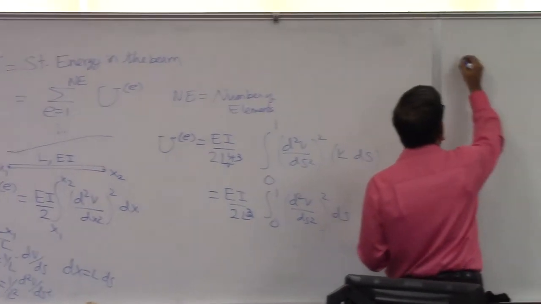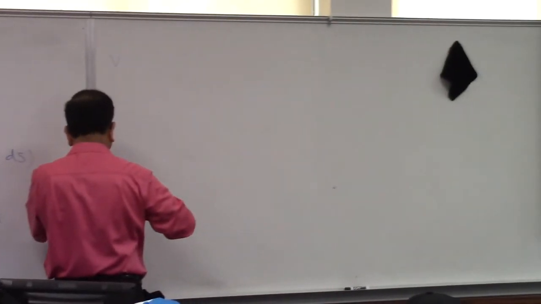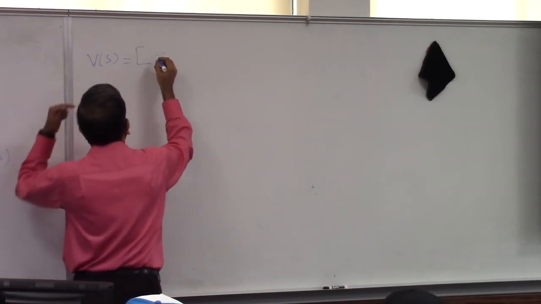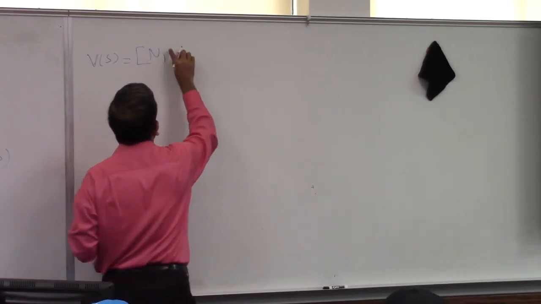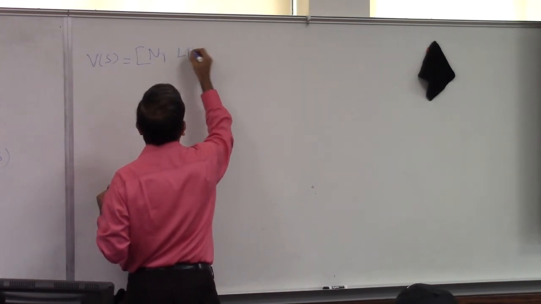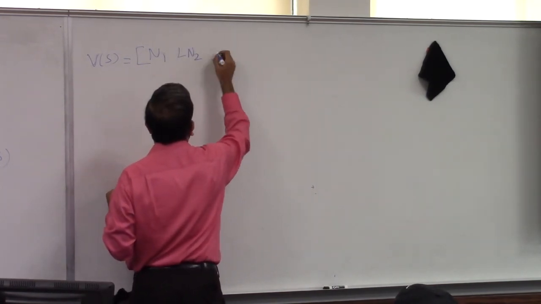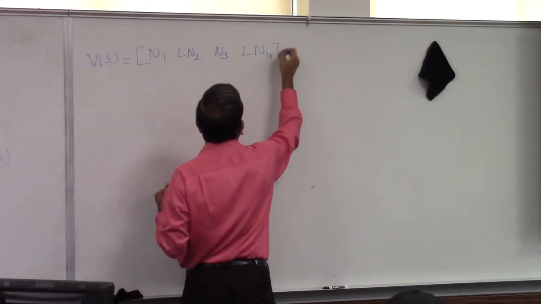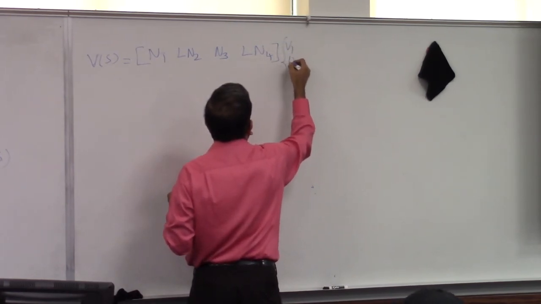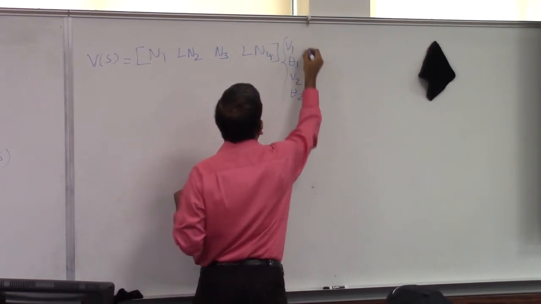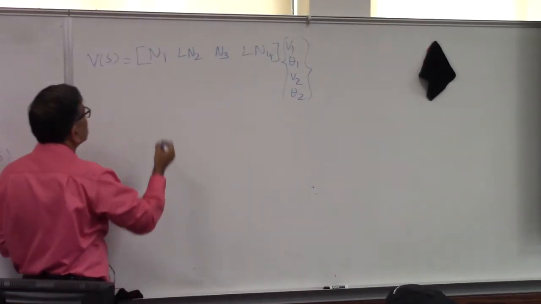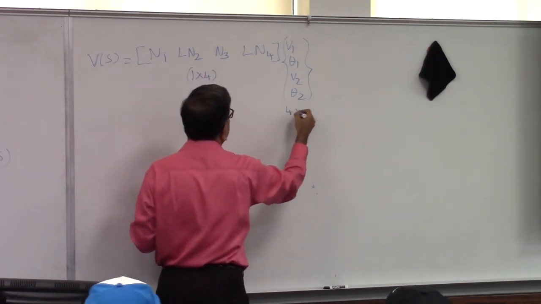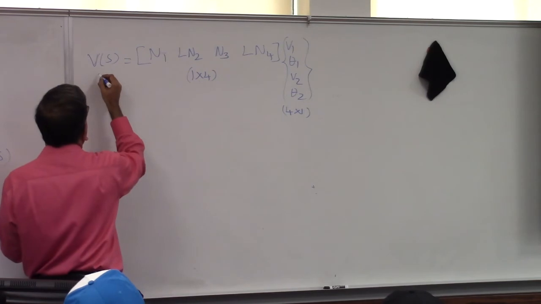So I told you a minute ago, v of s can be written as a 1 by 4 matrix times a 4 by 1 matrix, and this is just the deflection.